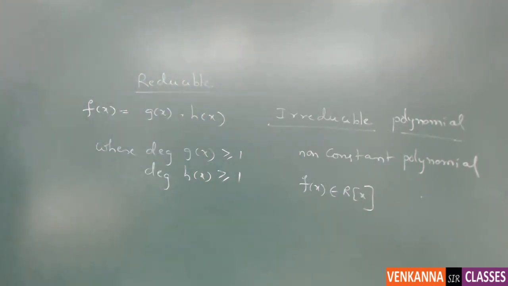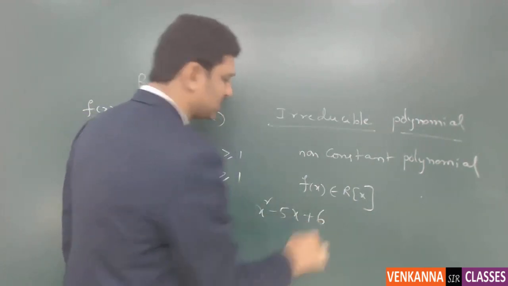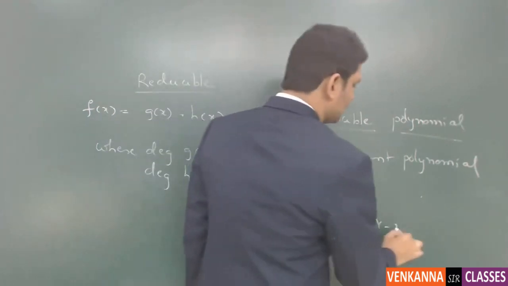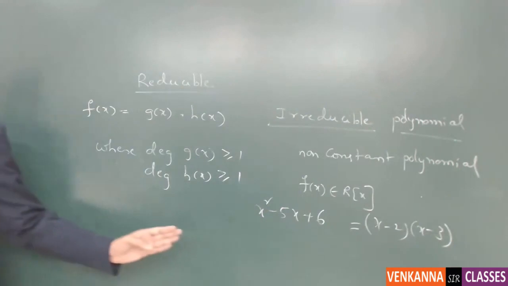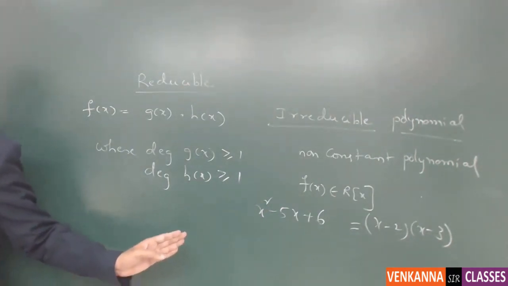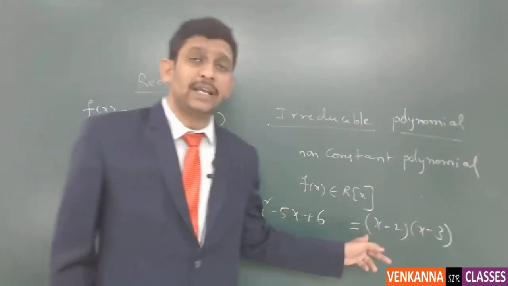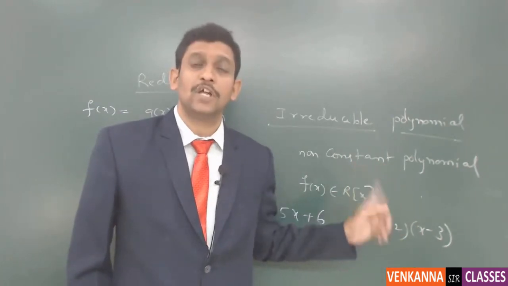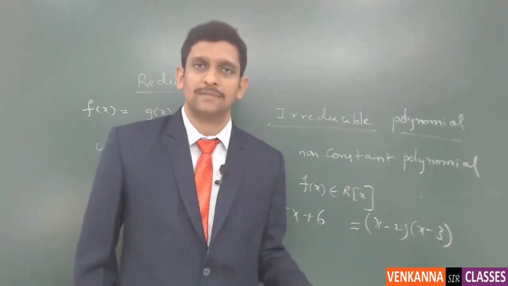Let us take a simple example. Suppose we have taken the polynomial x square minus 5x plus 6. We simply write this polynomial as x minus 2 into x minus 3. Accept it? The polynomial we can write as a product of two factors. Here the degree of each factor is 1, so these two are non-constant polynomials.